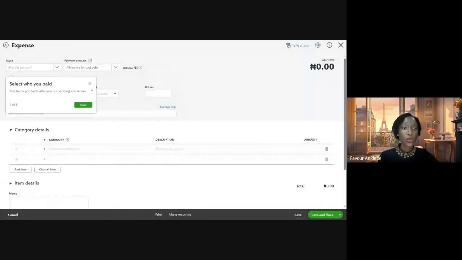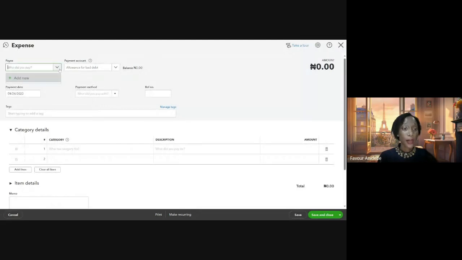So it's asking you, who did you pay? This is just asking, what is the name of the vendor? Where did you buy this motor vehicle from?